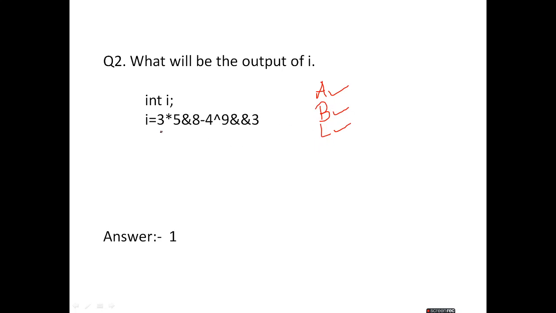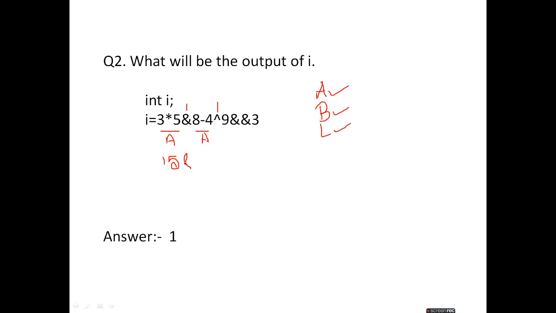First, multiplication will be performed. This is a bitwise operator and this is a bitwise operator, while multiplication and minus are arithmetic operators. So first of all we see the priority of the arithmetic operators. Multiplication has higher priority than subtraction, so first we perform the multiplication. 5 * 3 is equal to 15.